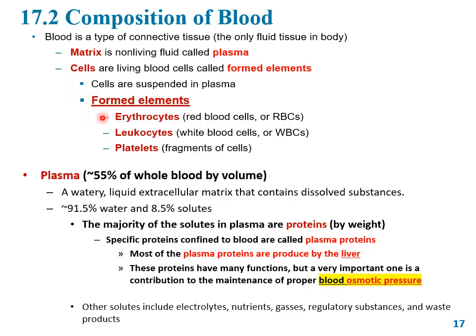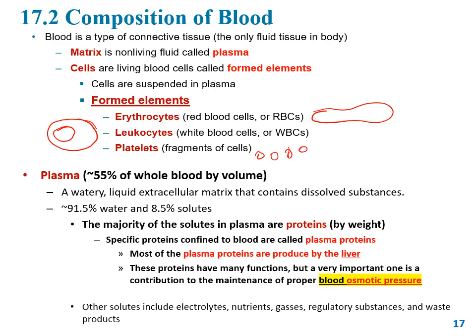Here is a description of your formed elements. There are basically three formed elements that you should focus on. You have your erythrocytes, your red blood cells. You have your leukocytes, your white blood cells, all different types of white blood cells. And then you have your platelets, which are little fragments of cells.